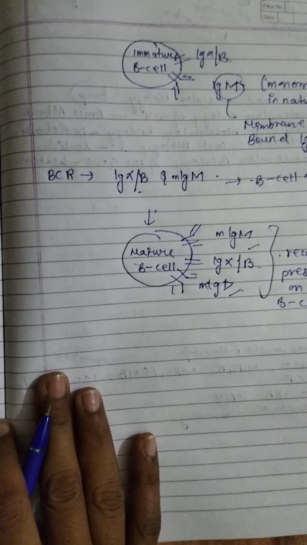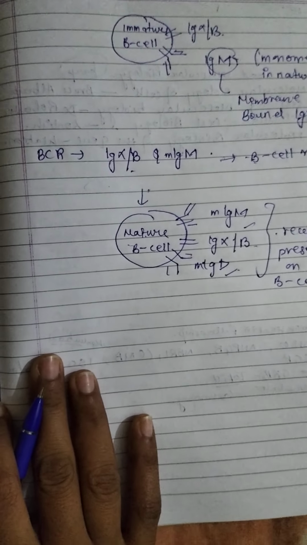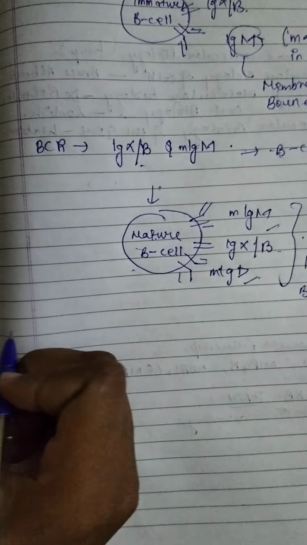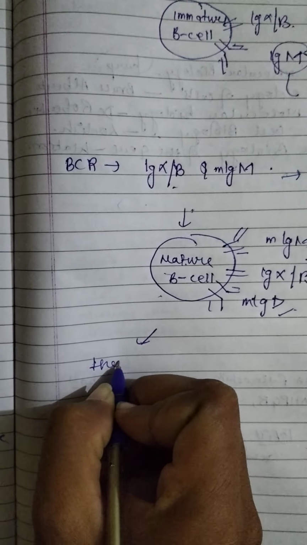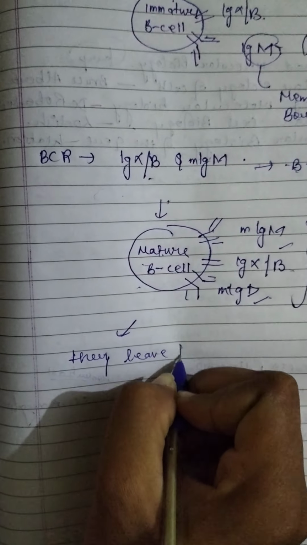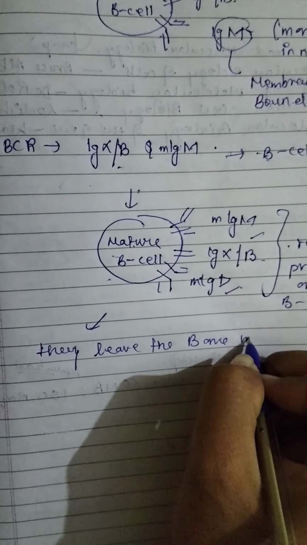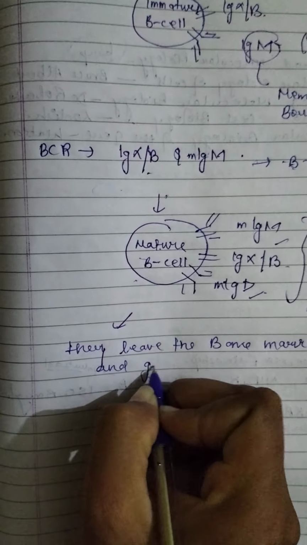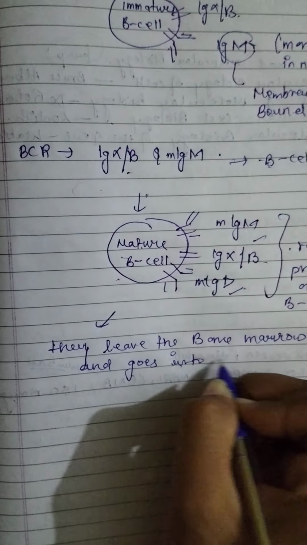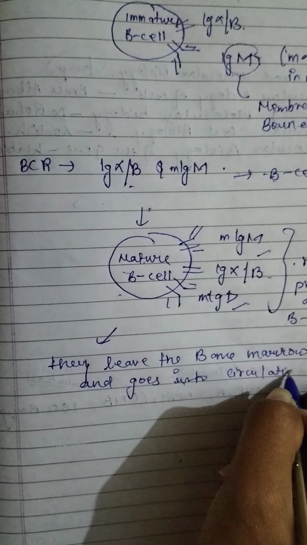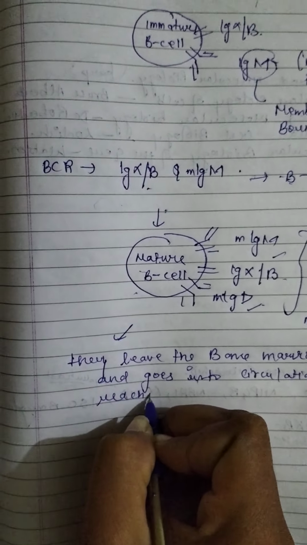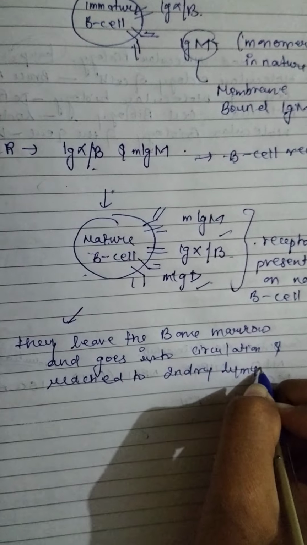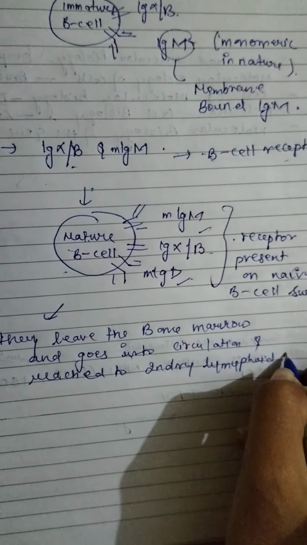Mature or naive B cells leave the bone marrow after maturation, go into circulation, and reach the secondary lymphoid organs.